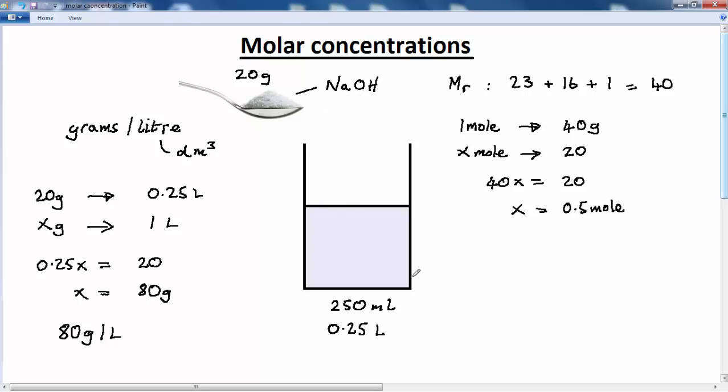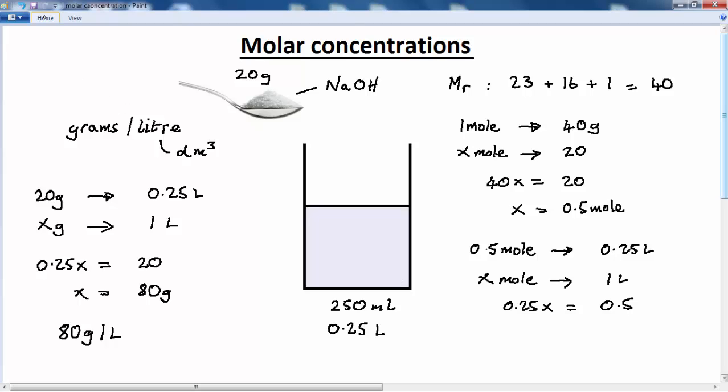We then do another rule of 3 to calculate the molar concentration. We say that 0.5 moles of sodium hydroxide is added to 0.25 litres. But we want to know how many moles are added to 1 litre. So we write x moles goes to 1 litre, cross multiply: 0.25 x equals 0.5.